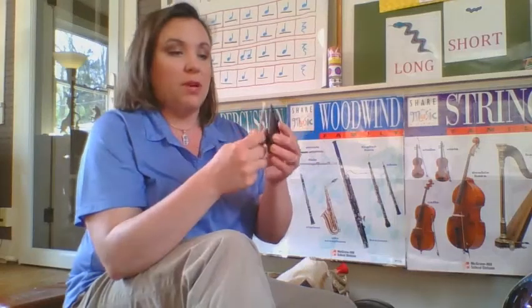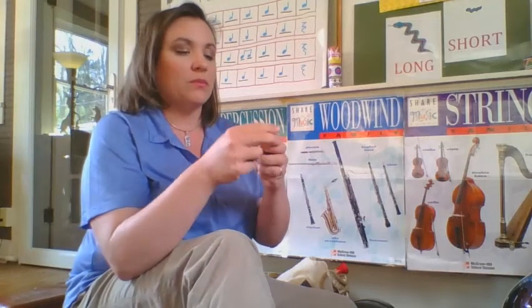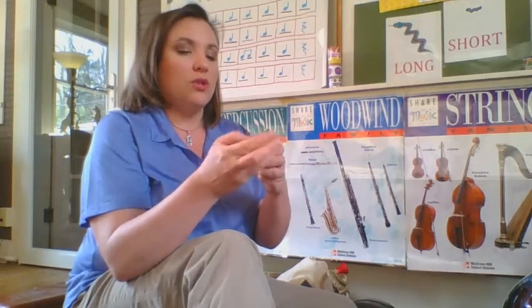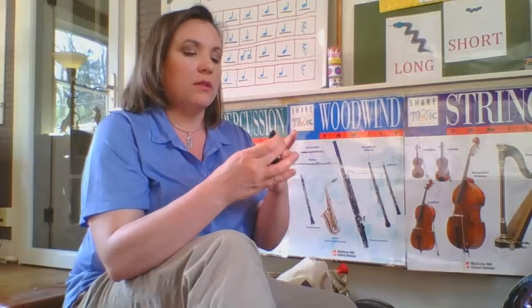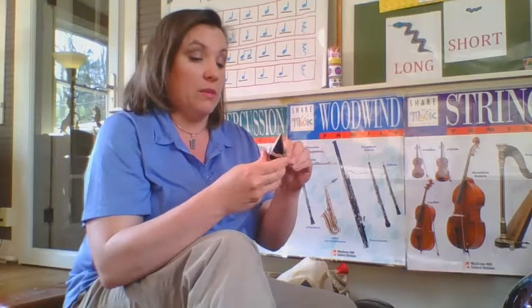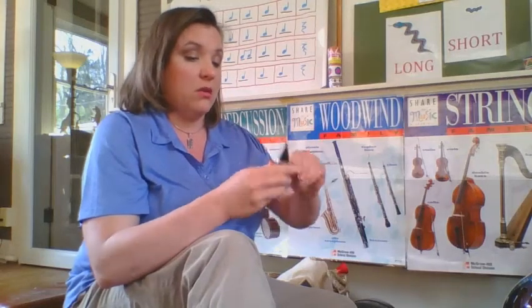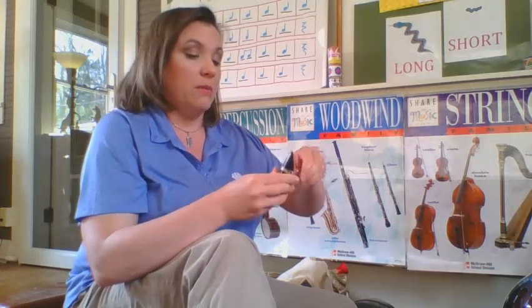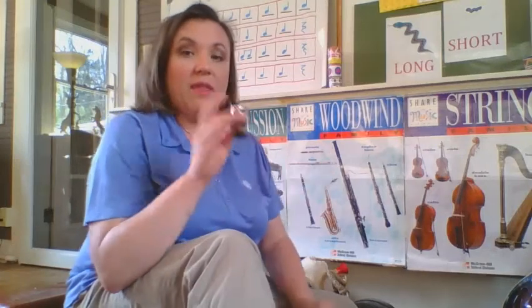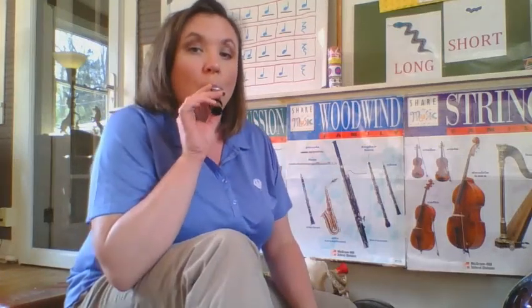This reed I'm going to put on the mouthpiece, and you secure it. Oh, it works better when it's wet, which is why it was in my mouth before. And you secure it onto the mouthpiece. And then this is what's making the sound. Gorgeous sound, right?